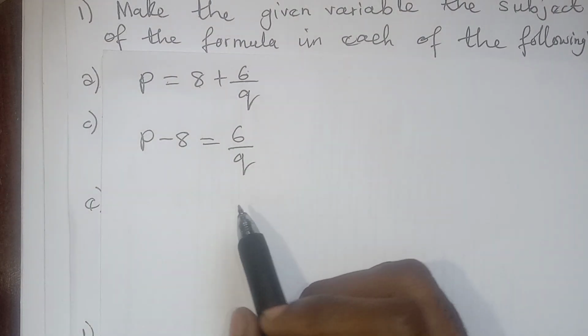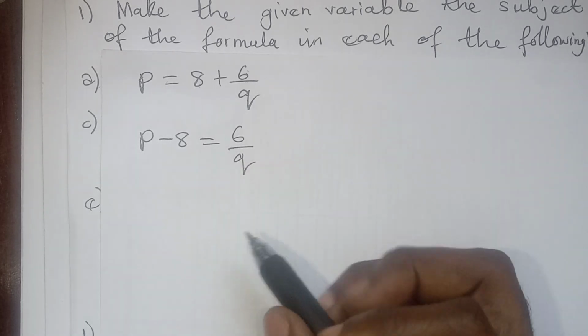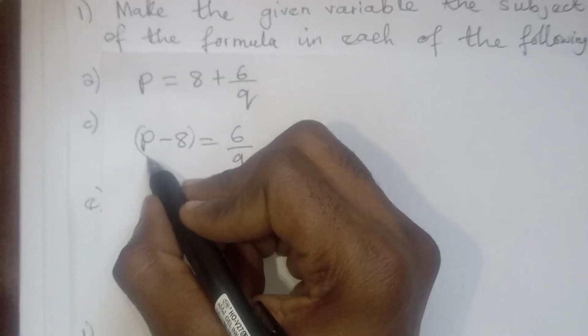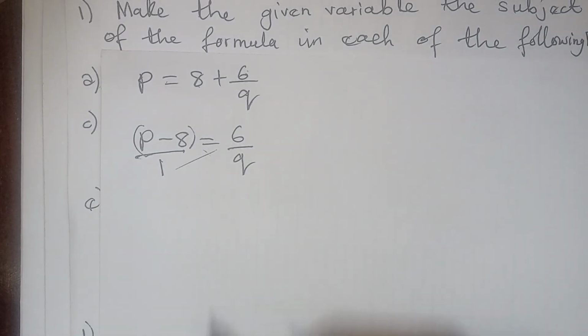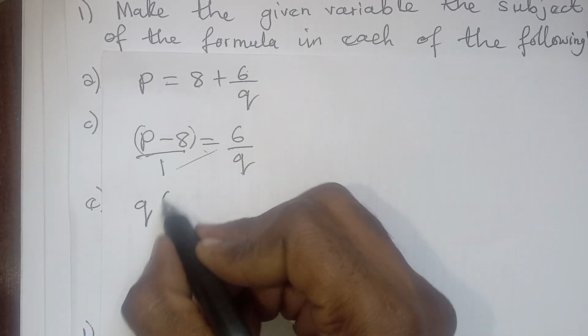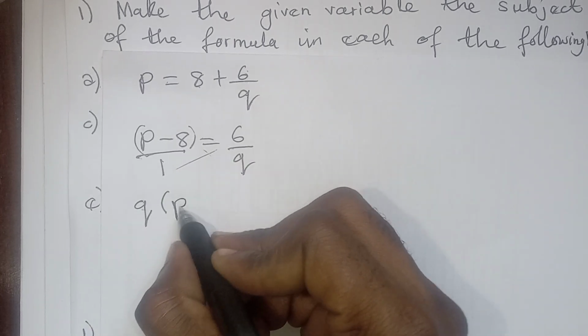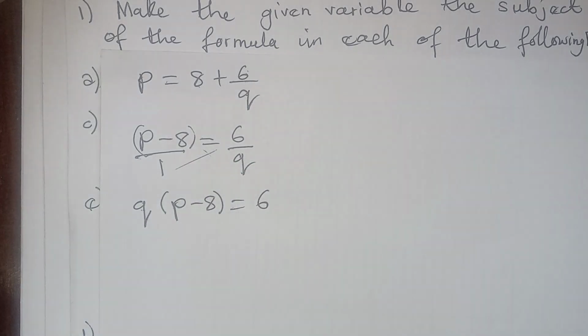And then at this point, as you can see, Q is not the subject of the formula. You can just put over 1 here and cross multiply. So I'll say Q multiplied by this. Without expanding, just say Q times P minus 8. Then this times this, you have a 6.